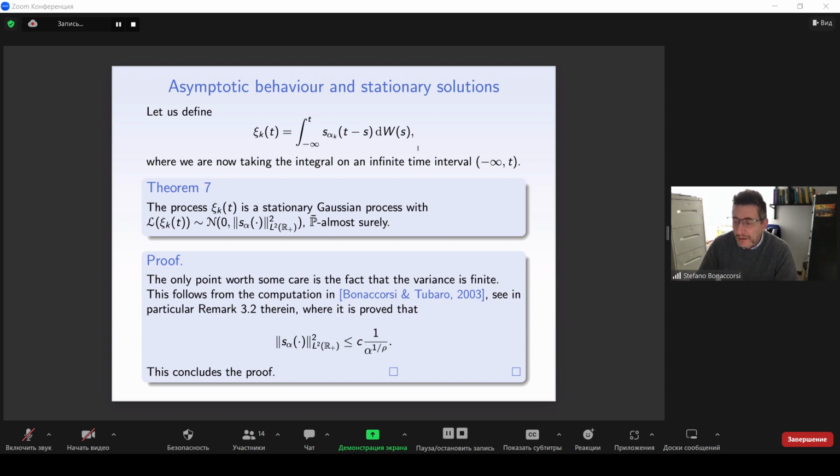So I take the empirical mean, but now the processes are the integrals from minus infinity to t. Okay, I think that I stop here.